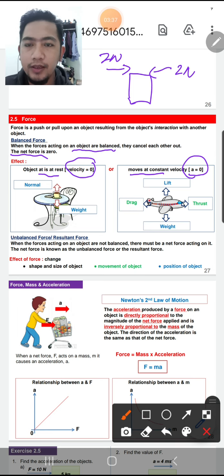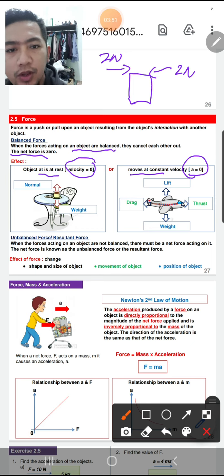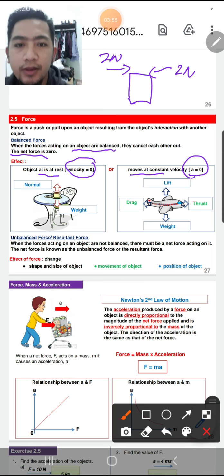Either the object is at rest or the object is moving at constant velocity, means A equal to 0. So for this object, the applied forces here are lift force, weight force, thrust force means going forward, drag force is backward force, or we call it as a frictional force.